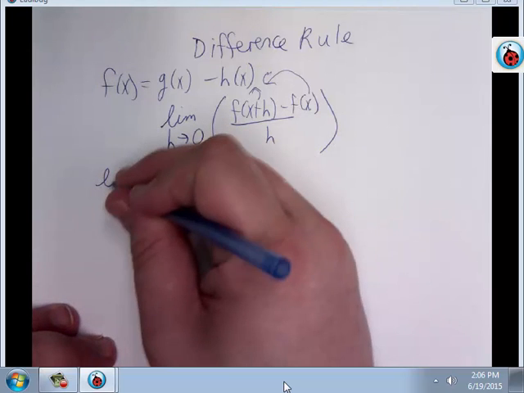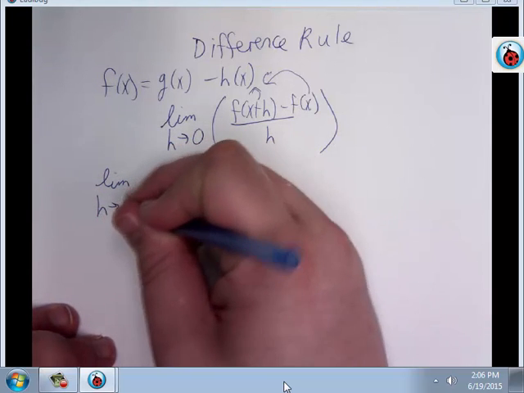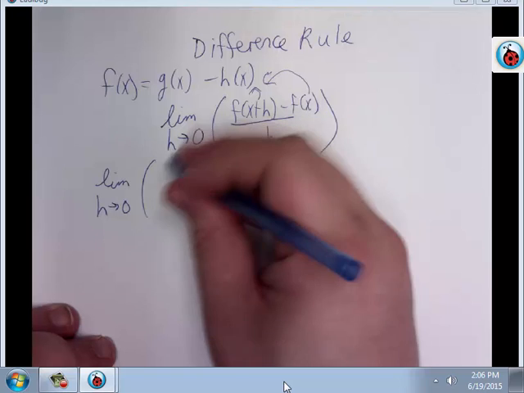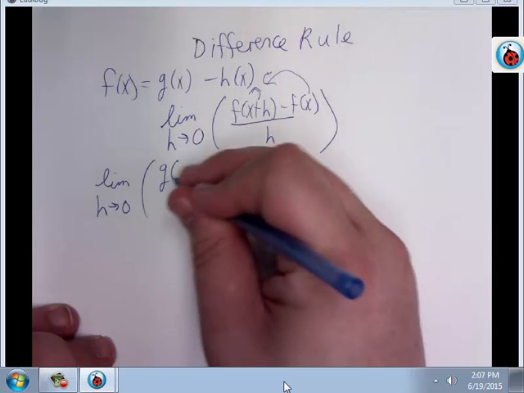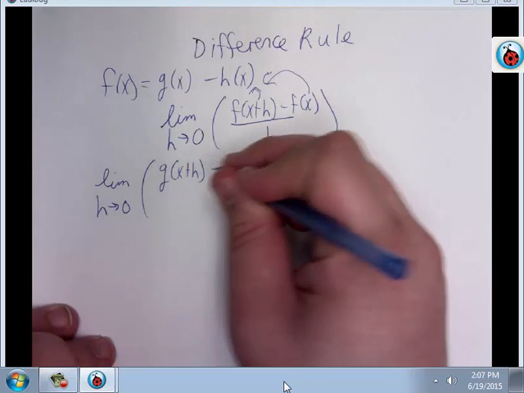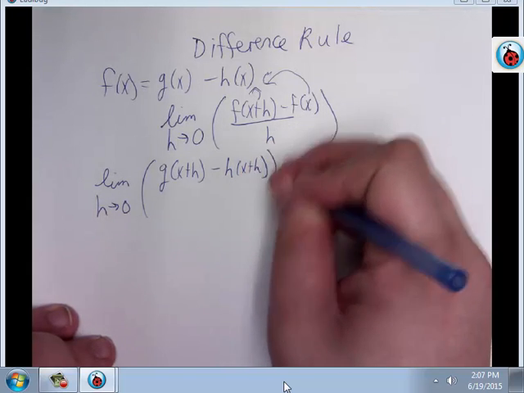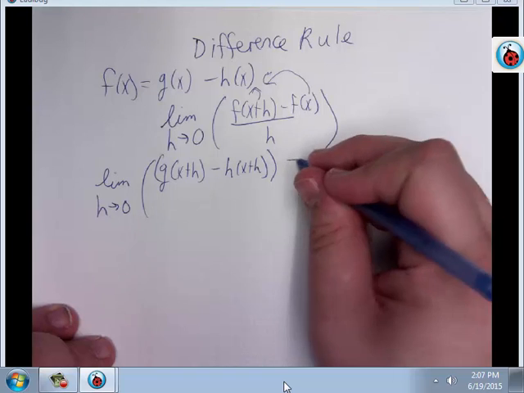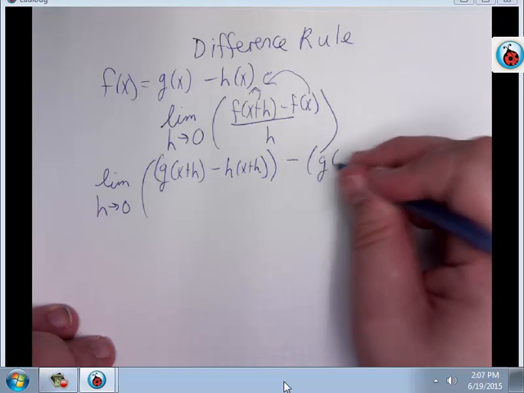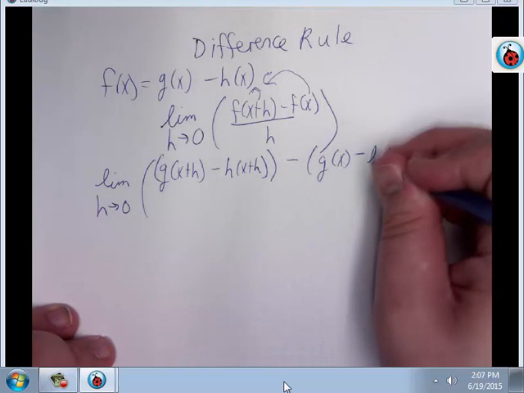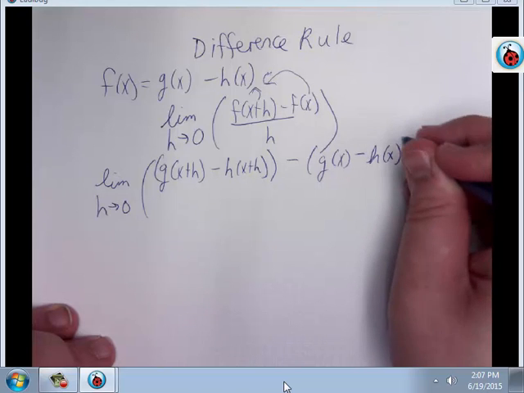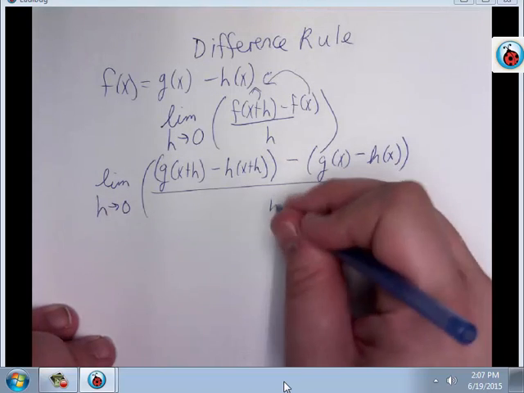So we'll end up with the limit as h goes to 0 of g of x plus h minus h of x plus h minus g of x minus h of x all over h.